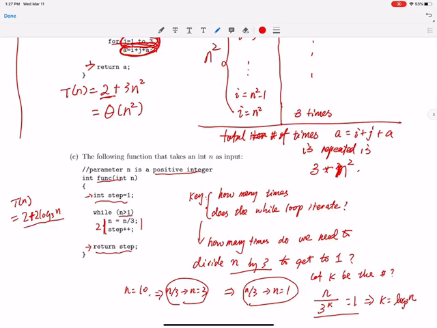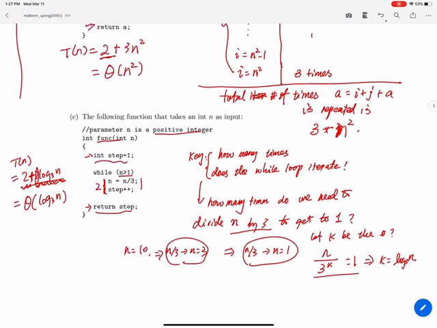Now in terms of big O notation, we look at this expression and figure out this is a constant and this is a log function of n. So this is the dominating term, so we drop the 2 and also drop this coefficient 2. In the end, this is the growth rate of the function's running time.